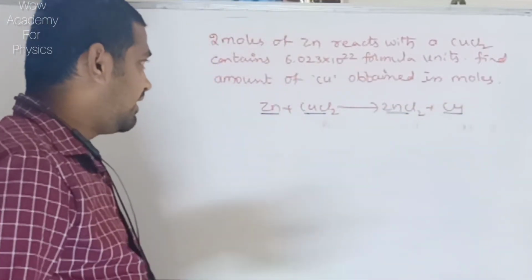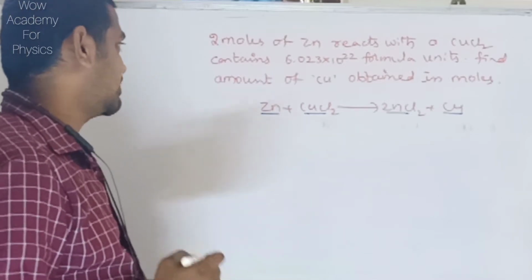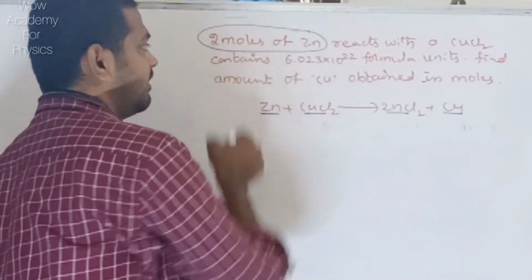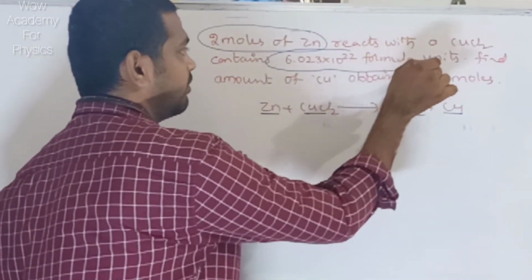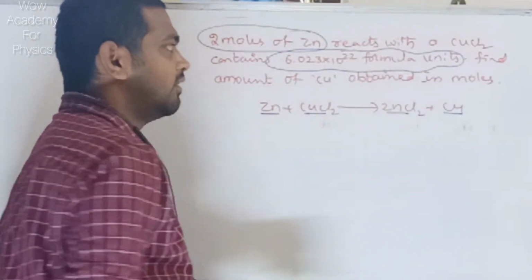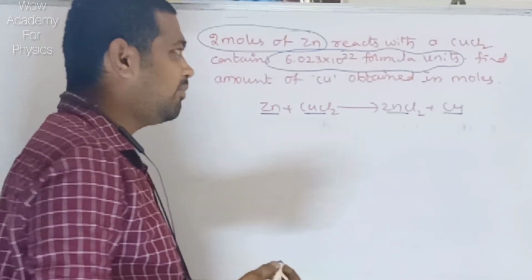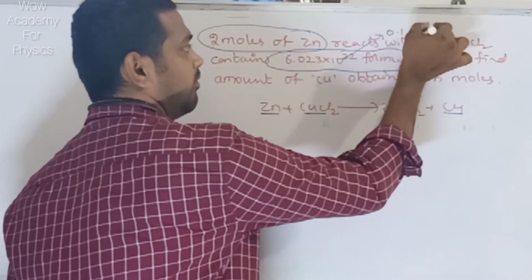The data given in the question is 2 moles of zinc reacting with 6.023 into 10 to the power of 22 formula units. 6.023 into 10 to the power of 22 formula units is equivalent to 0.1 mole. Why?